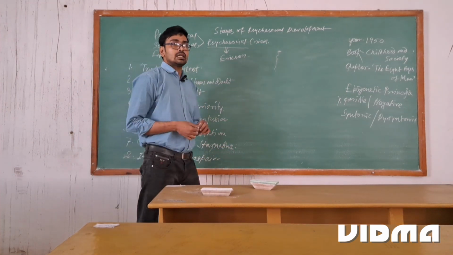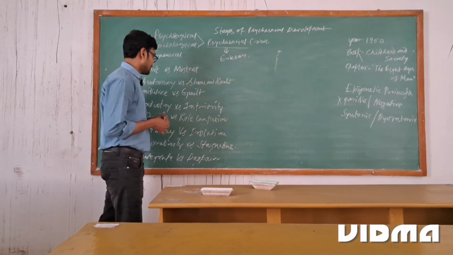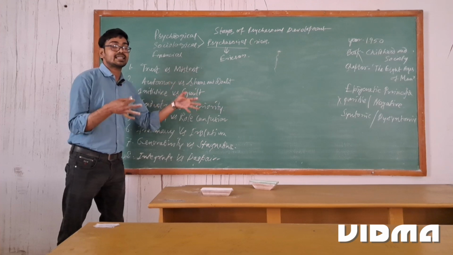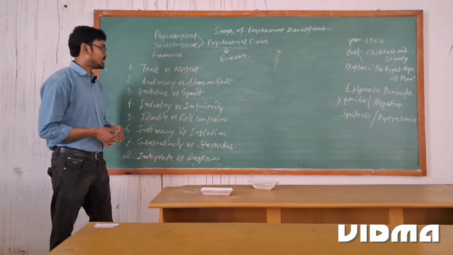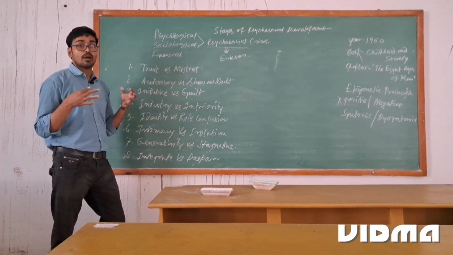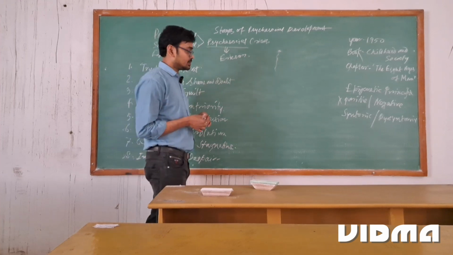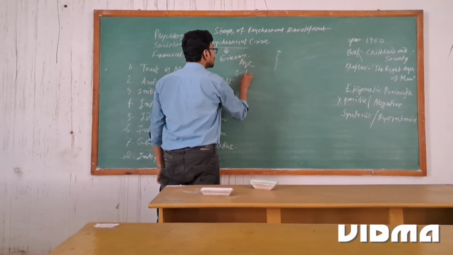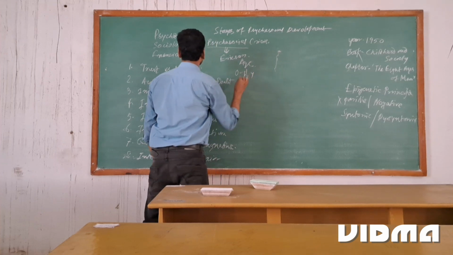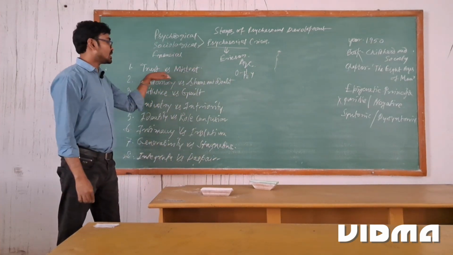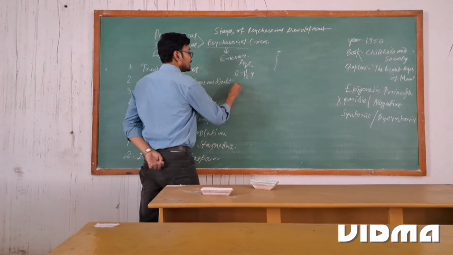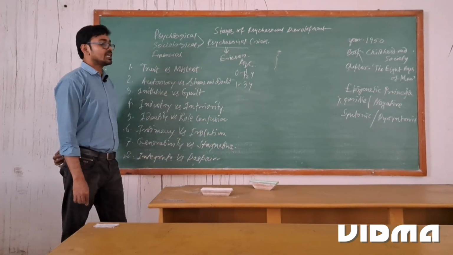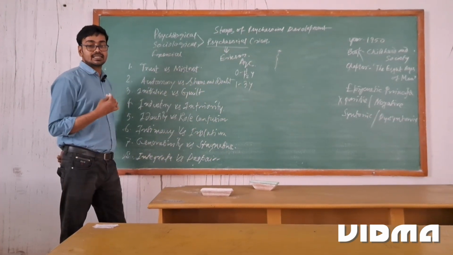Now, time to mention at what ages and what stages of our developmental process these crises occur. At the age of 0 to 1.5 years, the crisis trust versus mistrust occurs. At the age of 1 to 3 years, autonomy versus shame and doubt occurs.